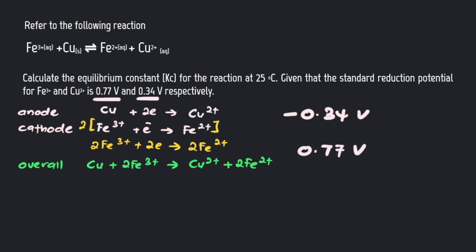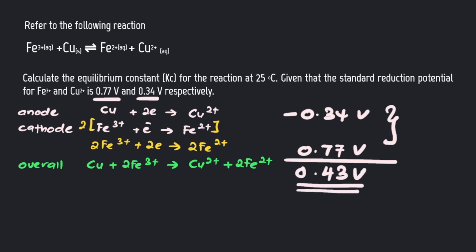Just use the same value. So you will get in overall, just a summation of this, you should get 0.43 volt. Okay, this is the first step to calculate your E-node cell.